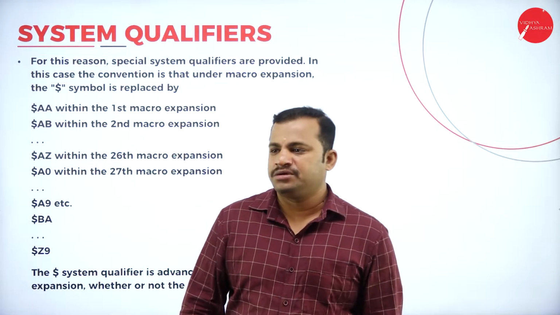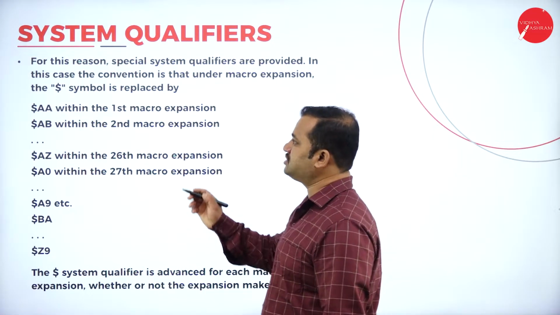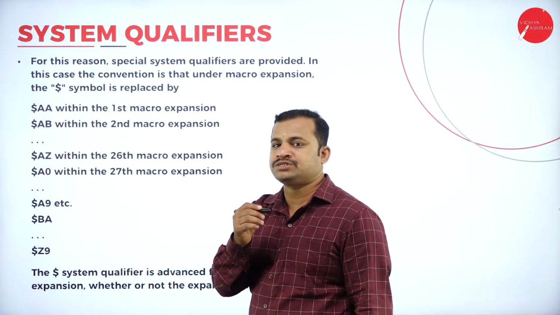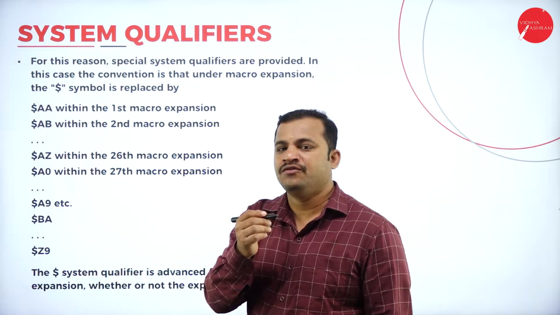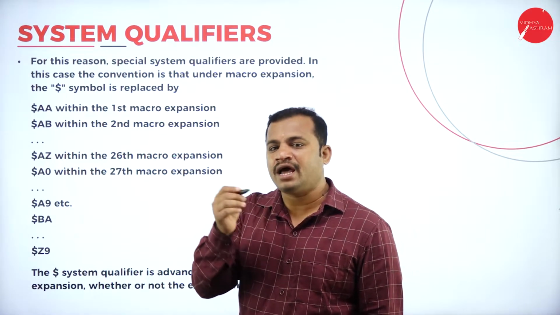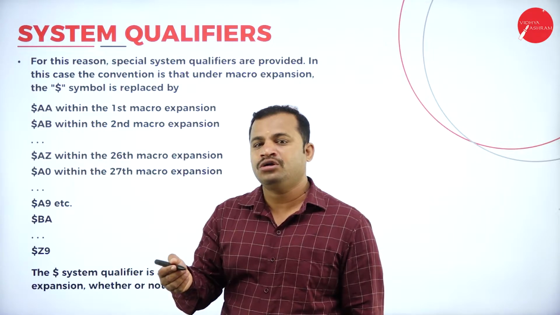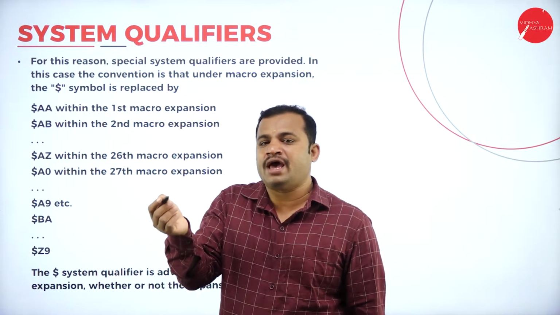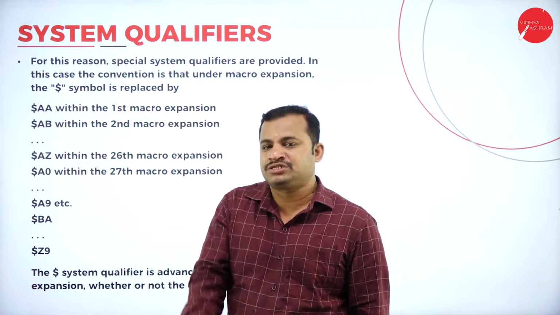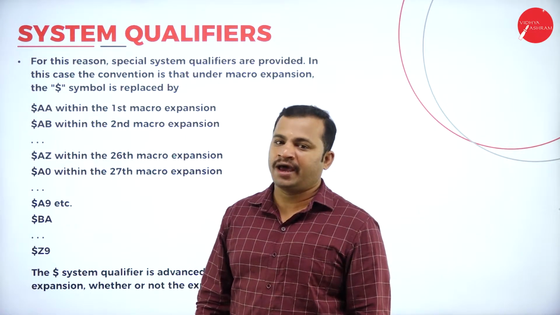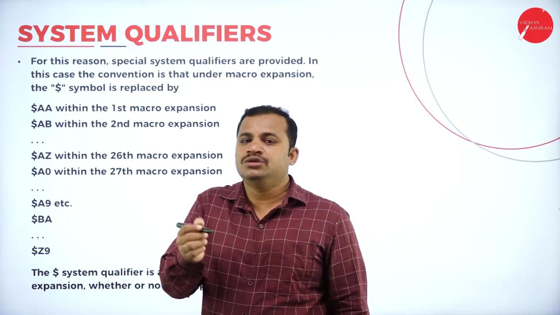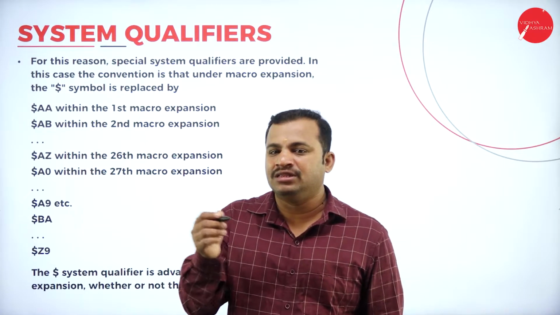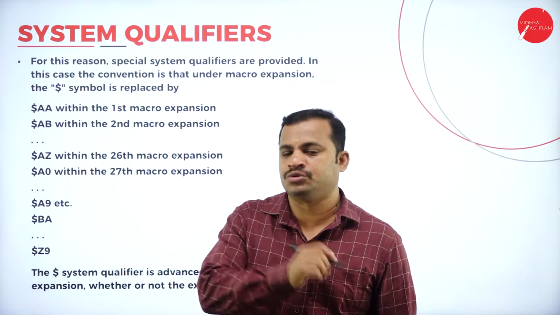In these problems, you have seen that if there are labels or any symbols generated at the time of pre-processing, or during macro expansion just before the actual compilation begins, then we must have certain specific unique symbols to identify the statements in the expanded version of the source code.